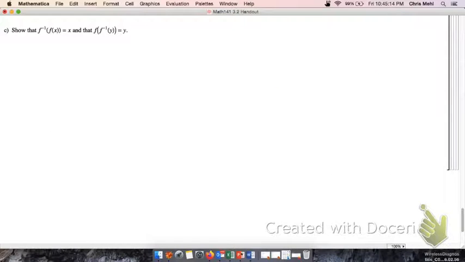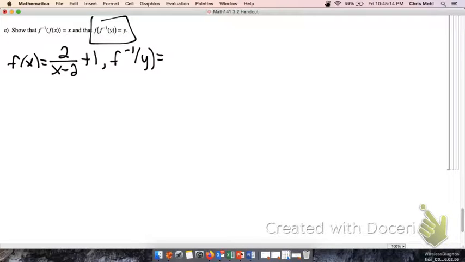Now I can verify the second one. Just remember f of x was 2 over x minus 2 plus 1, and f inverse of y was 2 over y minus 1 plus 2.